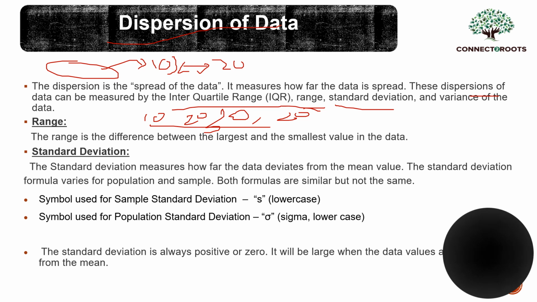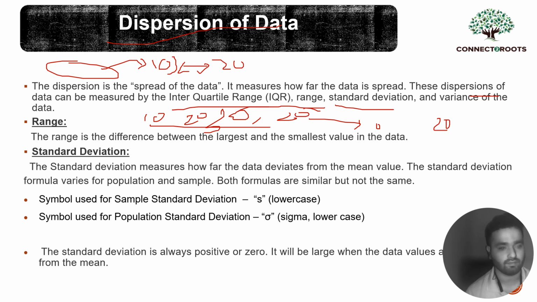So basically, standard deviation, if you can see in this data set here: 10, 20, 30, 20, it's 60, and 70, 80 by 4, it's 20. This 20 is not deviated, it's the mean value. This 30 is deviated on the positive side by 10.